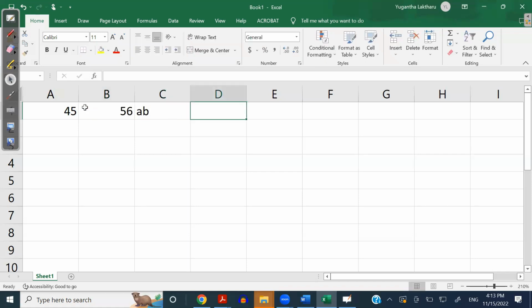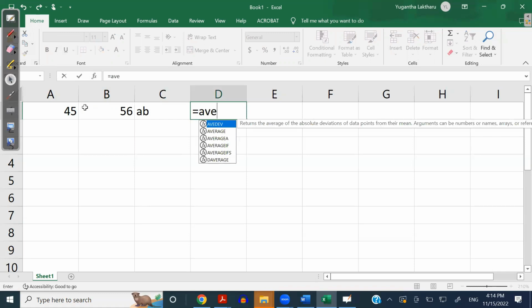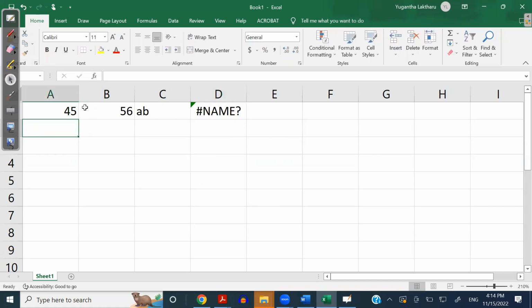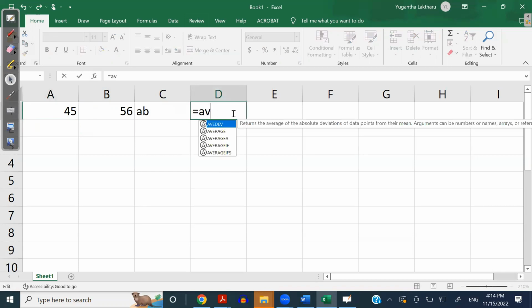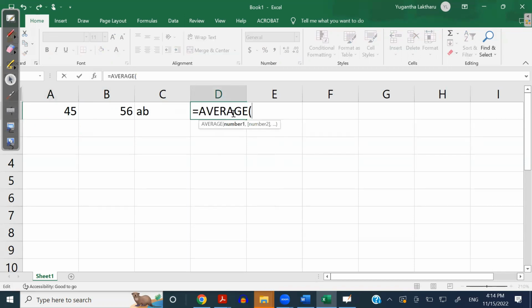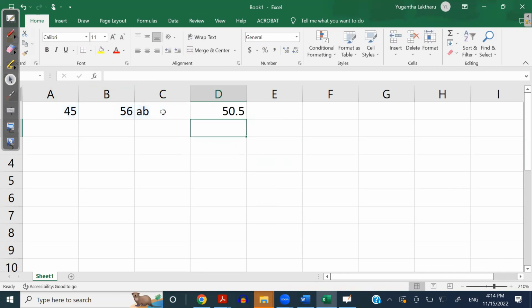So if you write the function average, and if I choose these three as the range, it's going to give me 50.3, right?